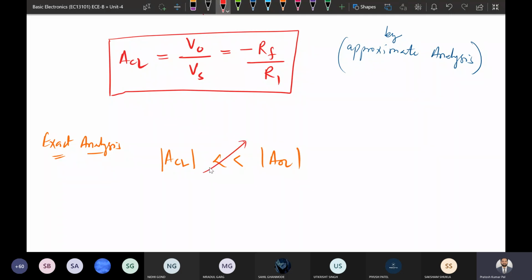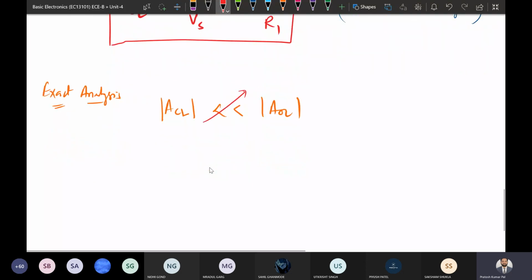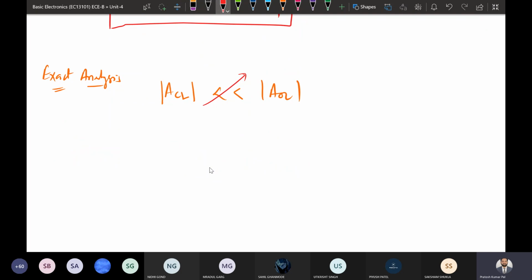If we are not assuming this, then the virtual ground or virtual short concept is not used. We are not going to use this.